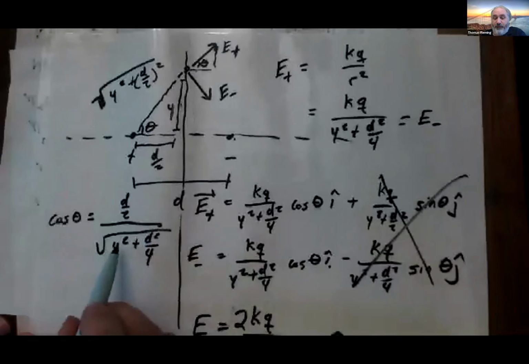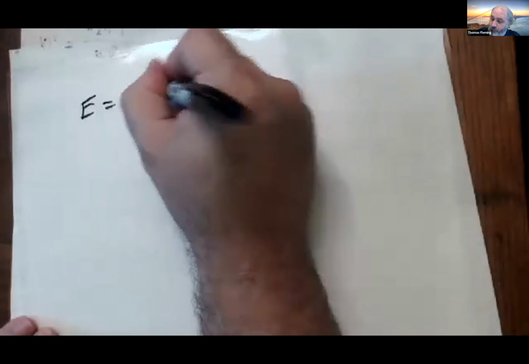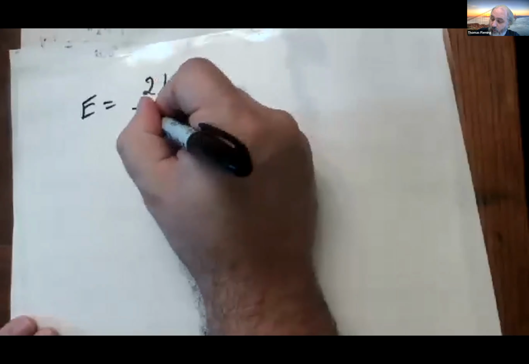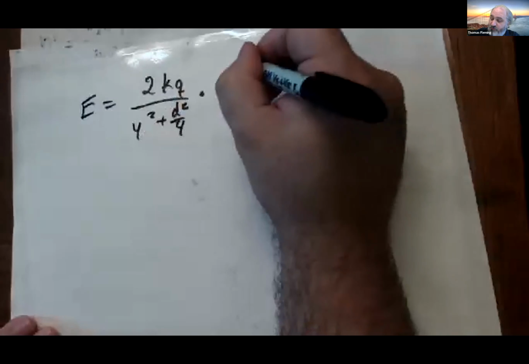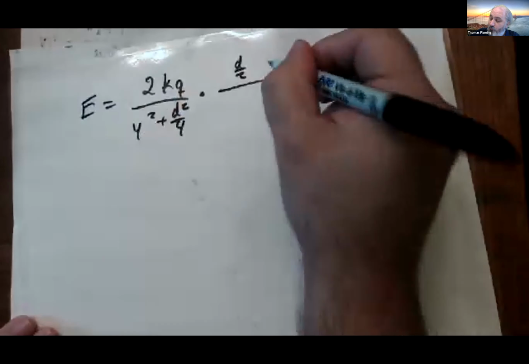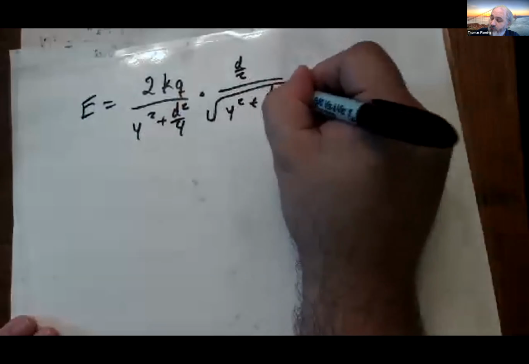So if I take this expression for the cosine and plug that in here, what do I get? Now I've got E equals 2kq over y squared plus d squared over 4, times the cosine of theta, which is d over 2, all over the square root of y squared plus d squared over 4.